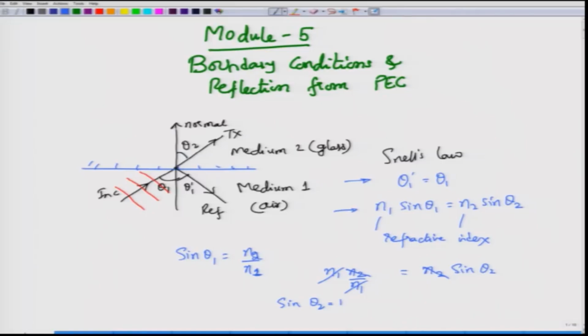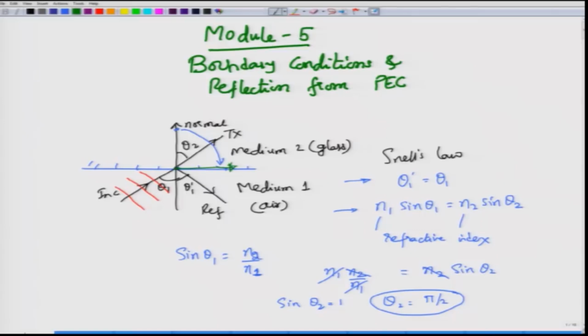Because theta 2 can be at most from 0 to pi by 2, correct, because 0 corresponds to propagation along the normal and pi by 2 corresponds to propagation at 90 degrees to the normal. So, this equation is telling me that theta 2 can be equal to pi by 2, which means that the ray, instead of being transmitted into the second medium, actually starts to travel parallel to the interface.